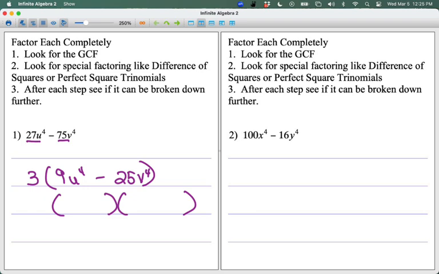We put it in the front and leave it there, because this thing that I have underlined in yellow is going to be split into 3u to the 2nd and 5v to the 2nd, but we'll have a plus and a minus.